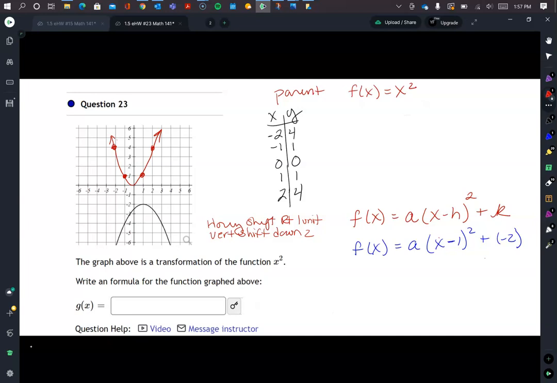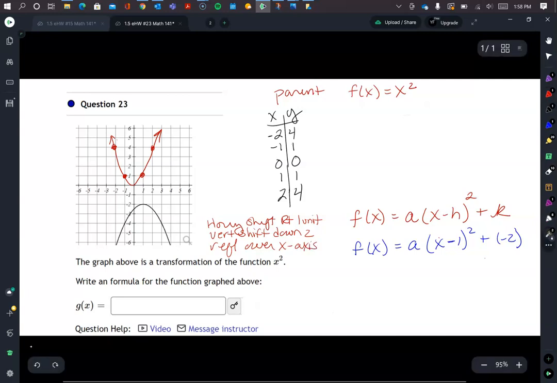So we have a reflection over the x-axis. That means all the y's, all the f of x's, will be negative, so we can make that a be negative. We don't actually know the value of it yet, but we know it should come out negative.